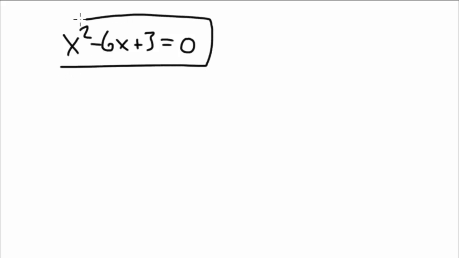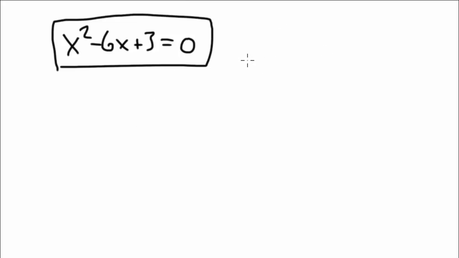If you then have a look at question 11. So x squared minus 6x plus 3 equals that. Right, for your quadratic formula, you need to use this one. So let's get your quadratic formula.